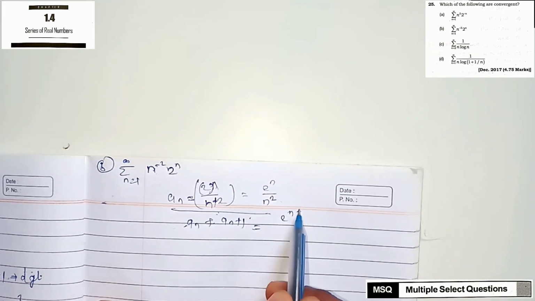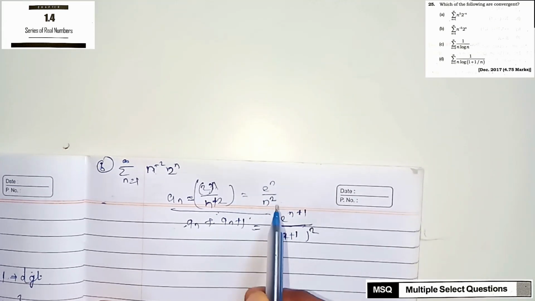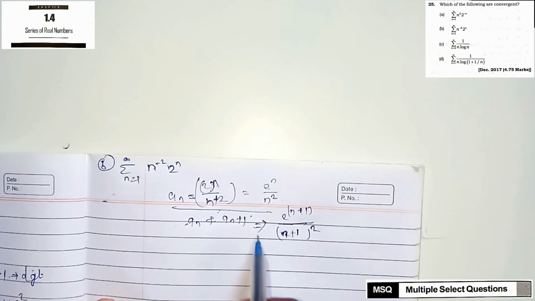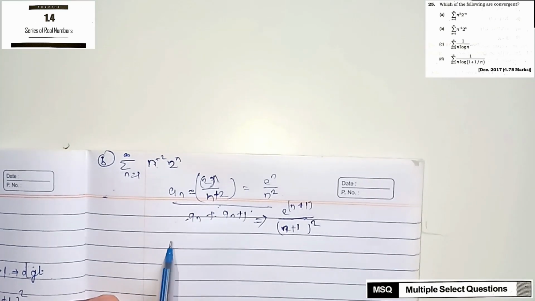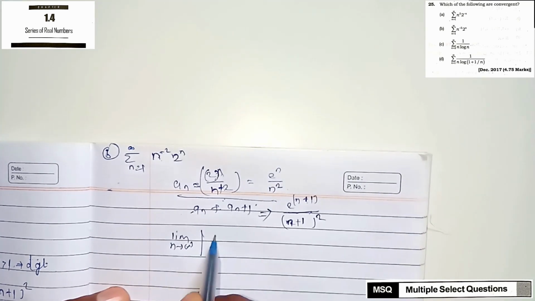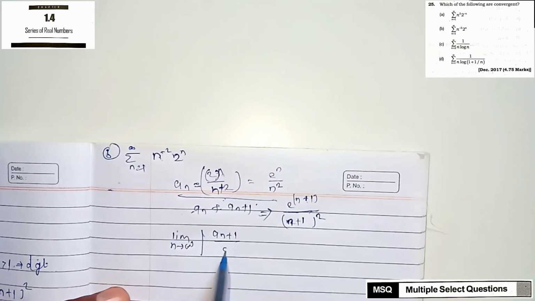So a_n plus 1 is 2 raised to n plus 1 upon (n plus 1) bracket square, that means n plus 1 bracket square. So I found here a_n and a_n plus 1. Let's apply D'Alembert's ratio test: limit n tends to infinity, modulus of a_n plus 1 upon a_n.